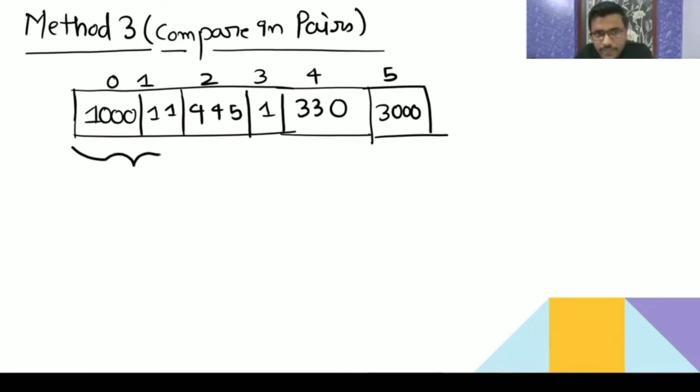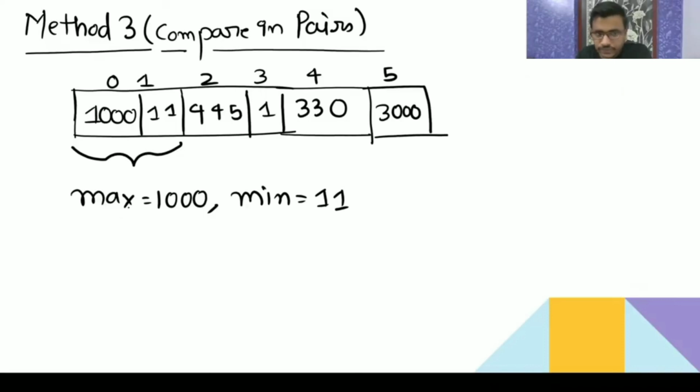First you consider min and max between your first two elements. Here is your 1000, here is your 11. Maximum is 1000 and minimum is 11.